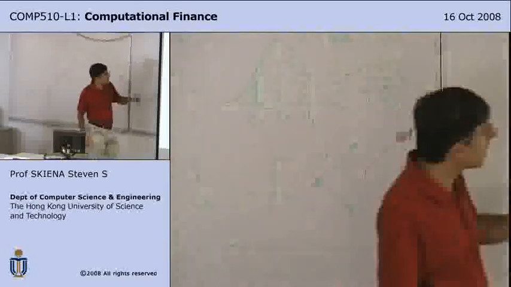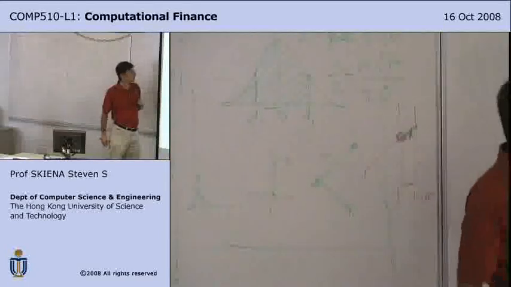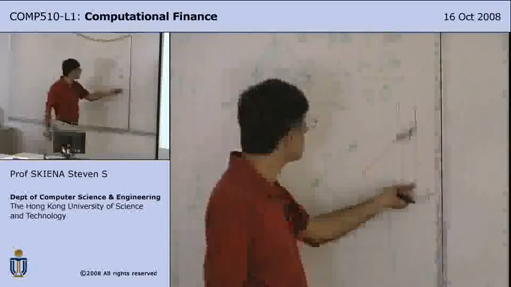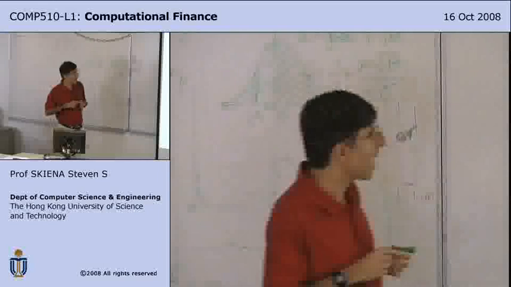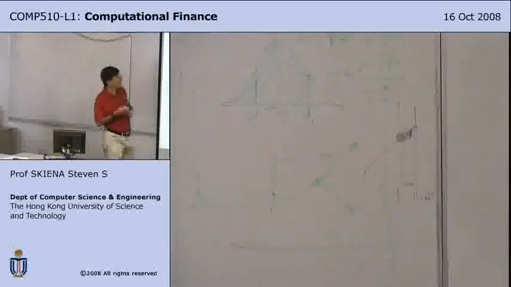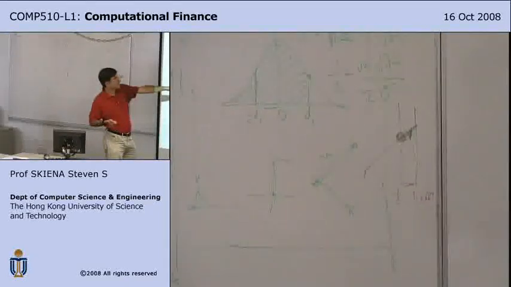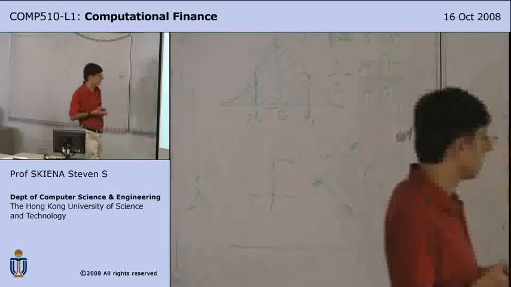But we are saying that if delta t is small enough, this shows us what the change is. And now we want to solve the equation: dm over dt is equal to R times m sub t.